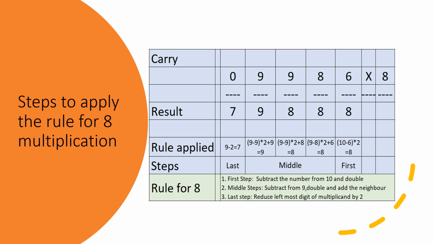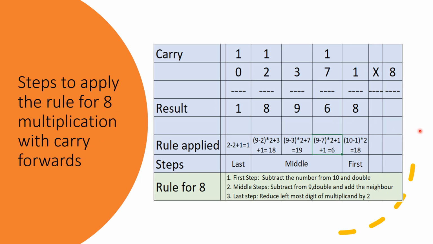Coming to this digit, 9 minus 9 into 2 plus 9 is a neighbor, so it is 9. Coming to the last digit, as I mentioned, the leftmost multiplicand digit has to be reduced by 2. So it is 9 minus 2 equal to 7. So the answer is 79888.